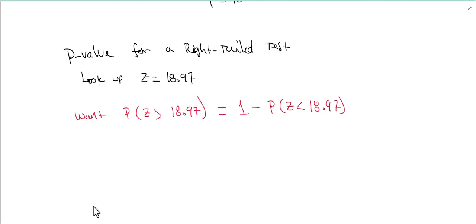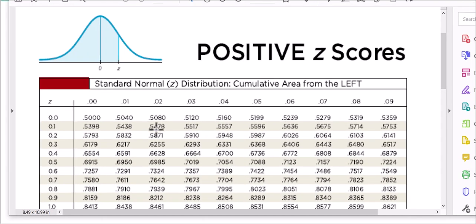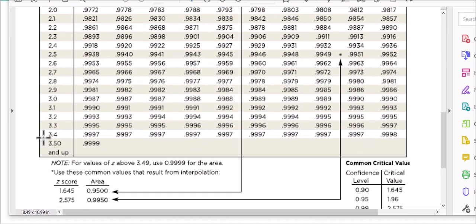So let's go to our table and find that out. We're going to go to the positive z-scores and find our z of 18.97. Notice that here it says 3.5, that's the highest it goes, and up is 0.9999, so pretty much 1.